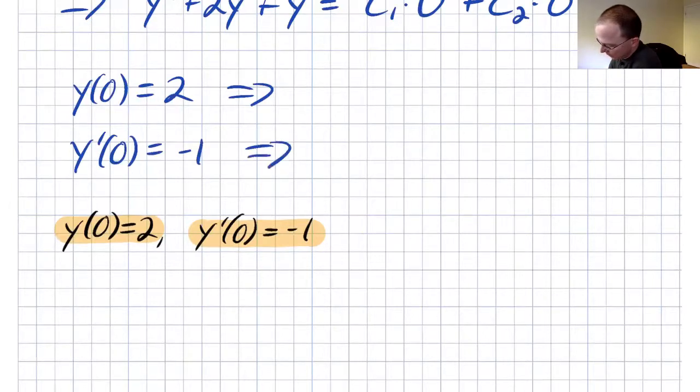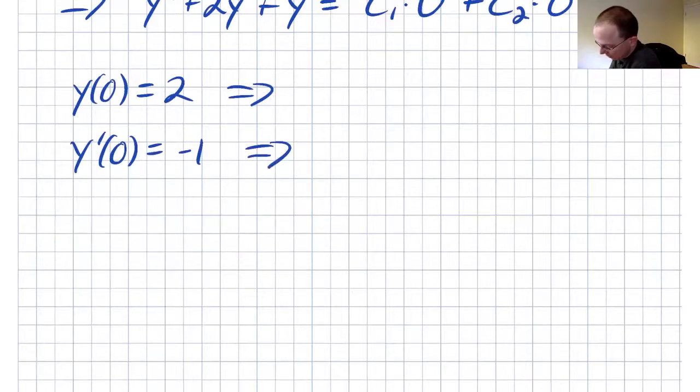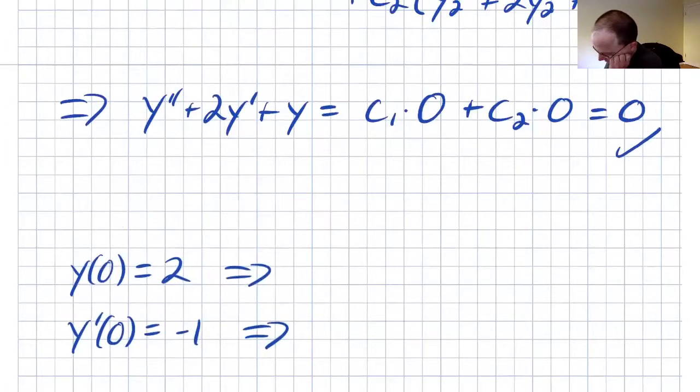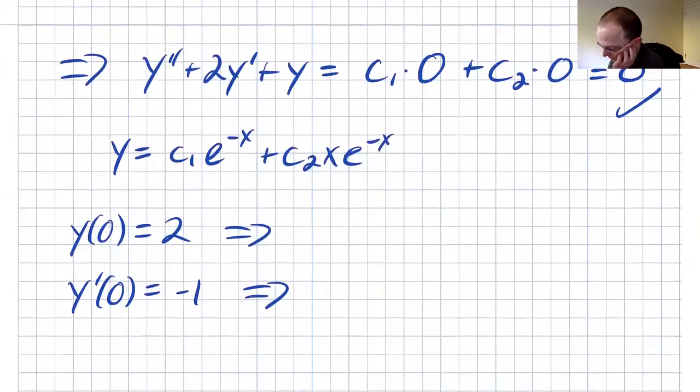Okay, so let's just get rid of this. Maybe it would be a good idea to write out what y is. So y is equal to c1 e^(-x) plus c2 x e^(-x).